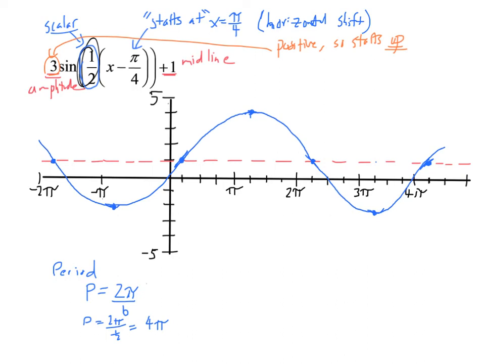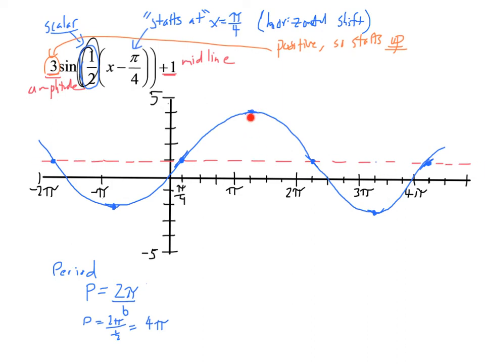So things that I check for in these, make sure that your starting location's right, that you have that right shift there. So at pi over 4, let's mark that, pi over 4, that's where it should be neutral. So here we're getting a 0, it's sine, it's got to start on the midline. Then check to make sure the midline works.